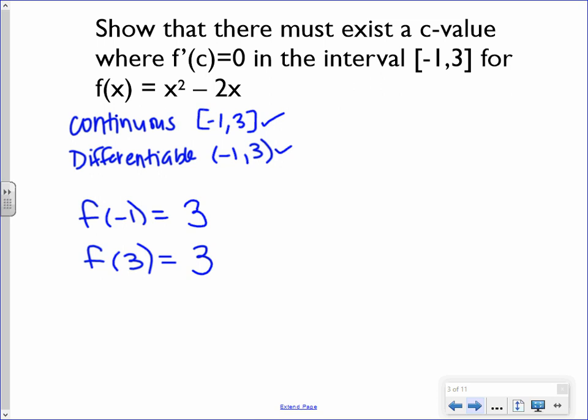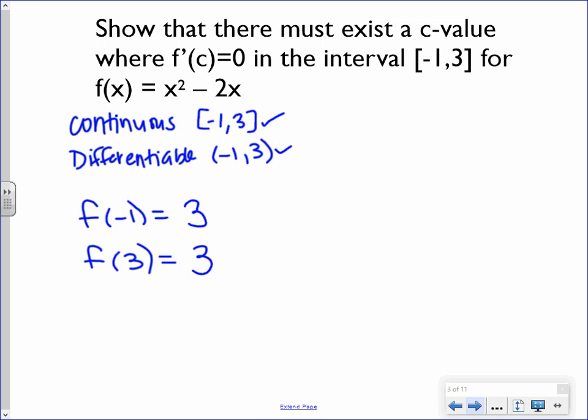We do have function heights that are the same. So how are we going to determine the x value, in this case c, which has a derivative of 0? What are we going to need to do to find that? Find the derivative and figure out where it's 0.